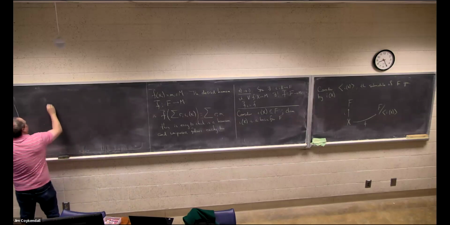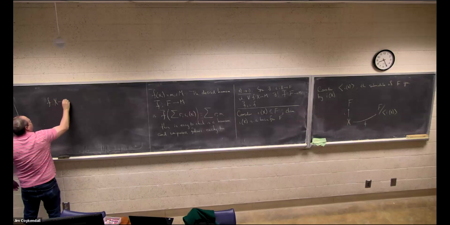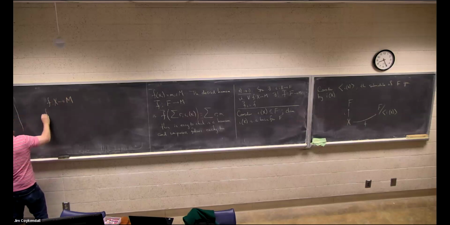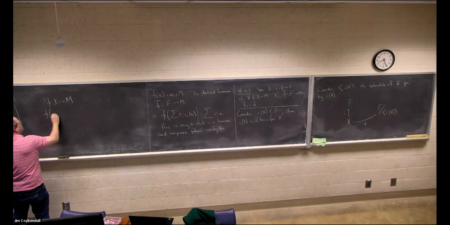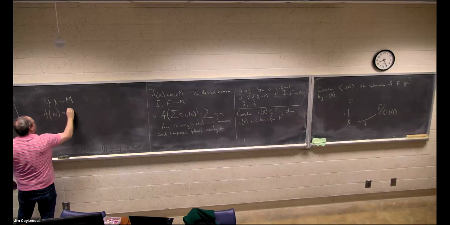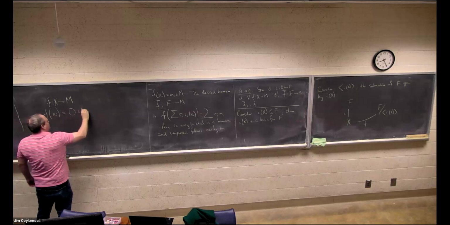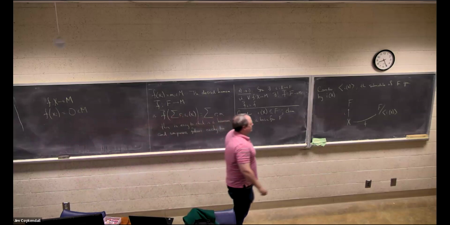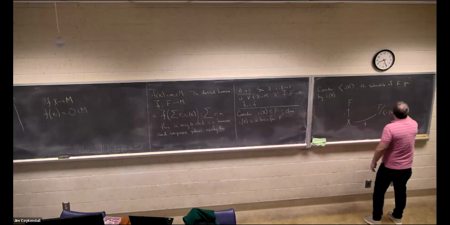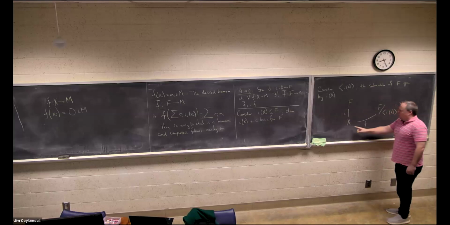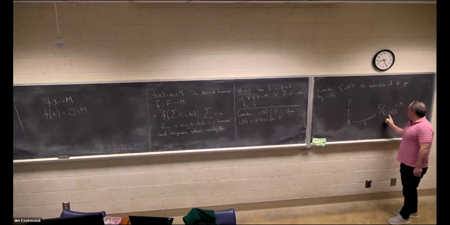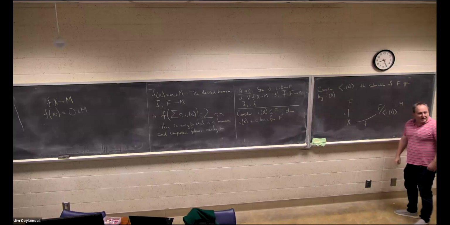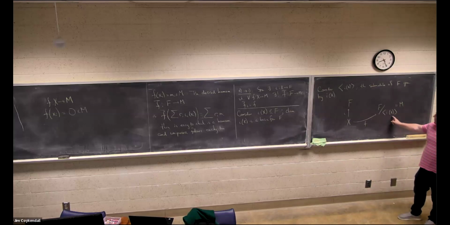I'm going to let the module M be defined this way: F modulo the submodule generated by iota of X. So what I'm going to do is take this off to the zero element over here.